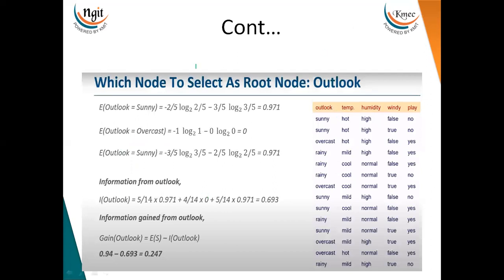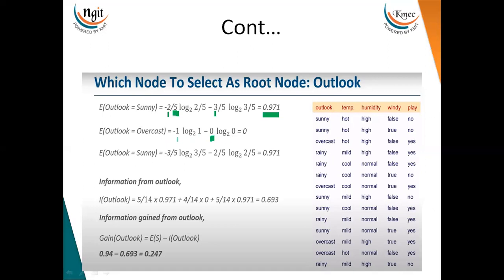Now, how do I calculate the entropy of sunny? How many total sunny values are there? 5. Out of which how many are positive? 2. How many are negative? 3. So this is the entropy for sunny. Now in overcast, 4 values are all positive and 0 negative.